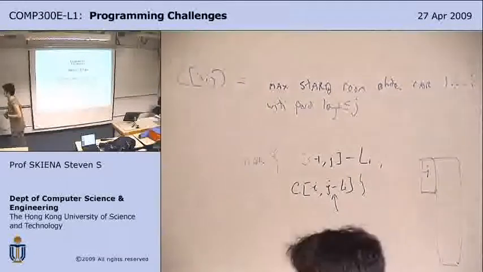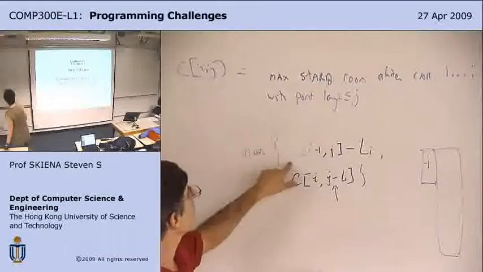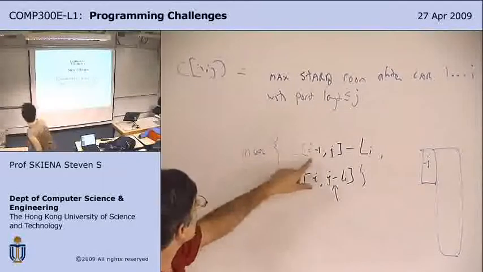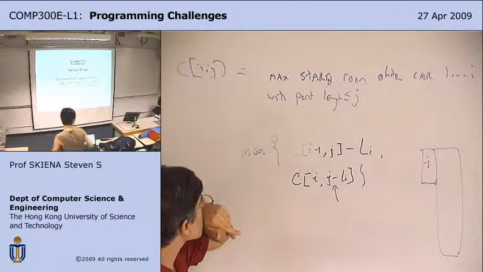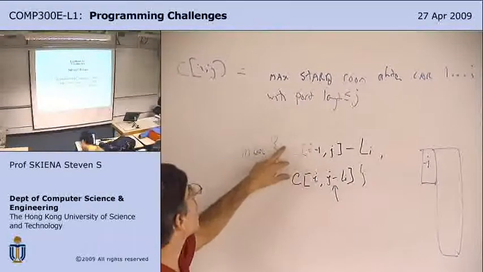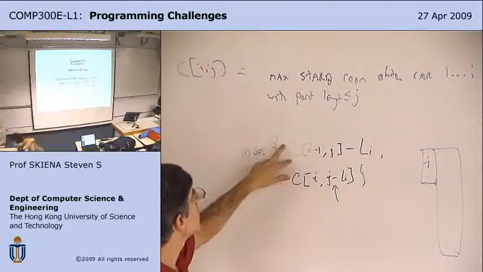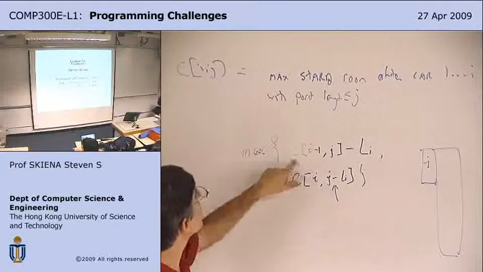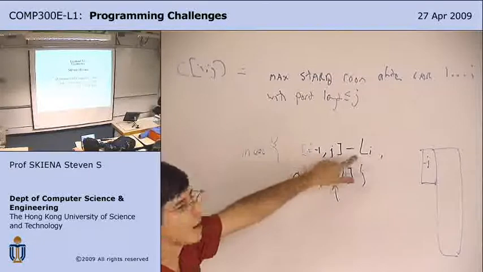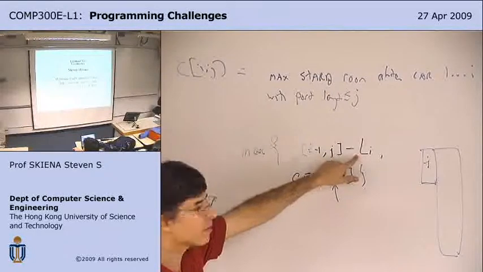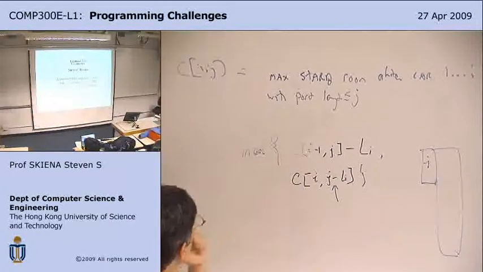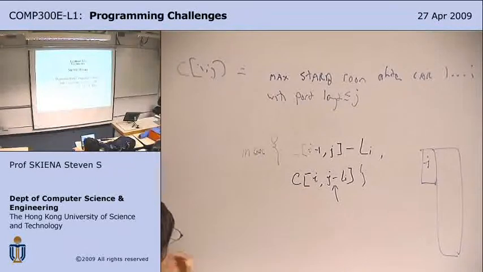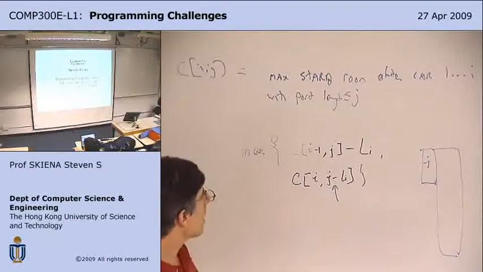Okay. So let's just take a look at that. You're saying that the largest way to do it is going to be either, if we are going to put the car on the starboard side, the room that we're going to have was the room before we put the car minus the car. That's somehow what you're saying, right? And if not, you're going to put the car on the other side, on the port side.